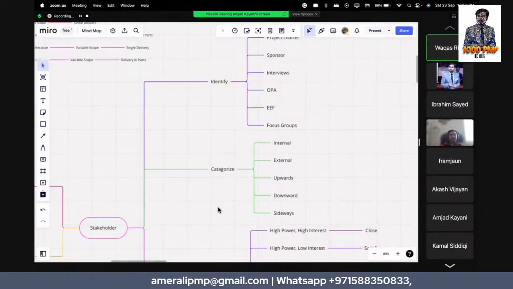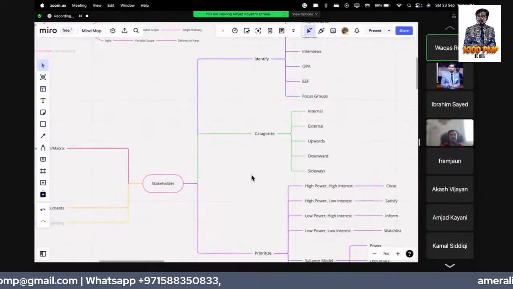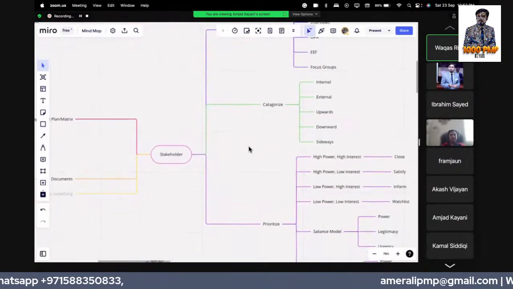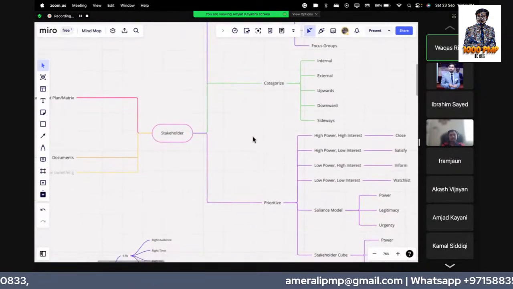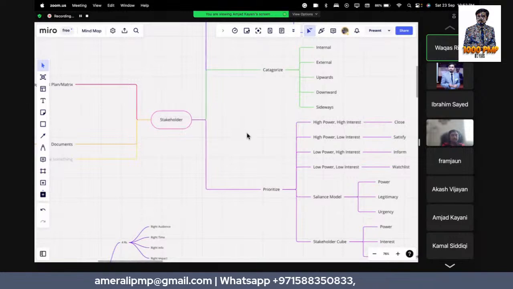Then we analyze the stakeholders: upward stakeholders are those senior to me, downward stakeholders are those junior to me, and sideward stakeholders are those equal to me. And then we prioritize the stakeholders.